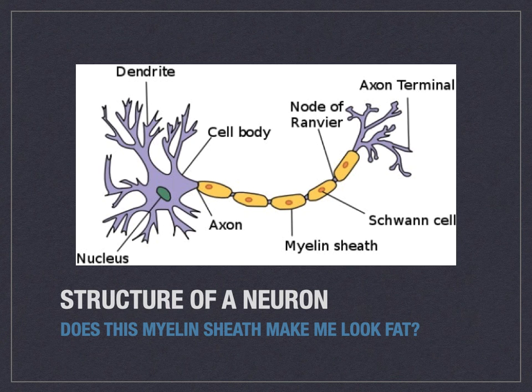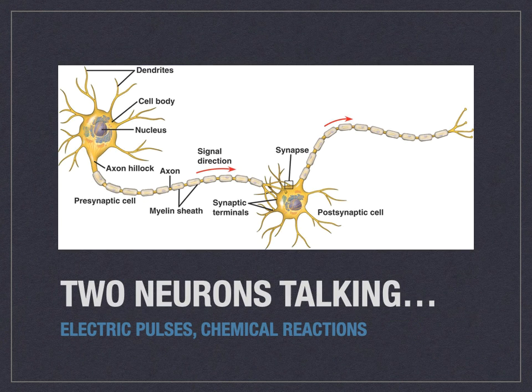And so the signal is going to come in through the dendrites, it's going to hit that nucleus. If the nucleus says, yeah, I need to send this on, that signal is going to go down the myelin sheath on the axon to those axon terminals. And when it hits those axon terminals, what is right next to it are the dendrites of the next neuron. So let me flip this picture up for you here. You can see both those neurons that are together.